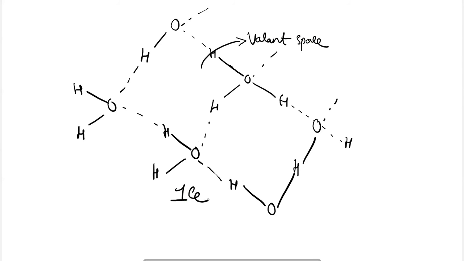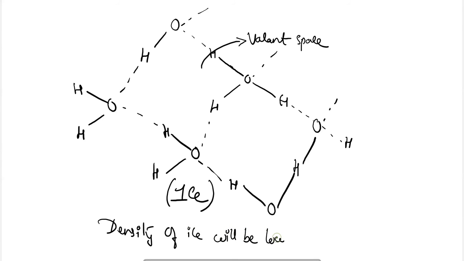This is the hydrogen bond for ice, and due to this reason, the density of ice will be lower as compared to water. Hence the ice will float on water.